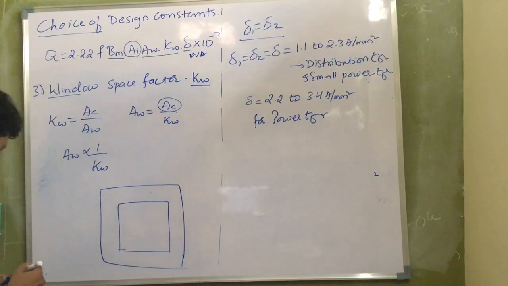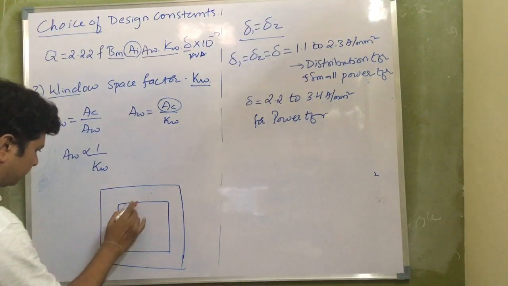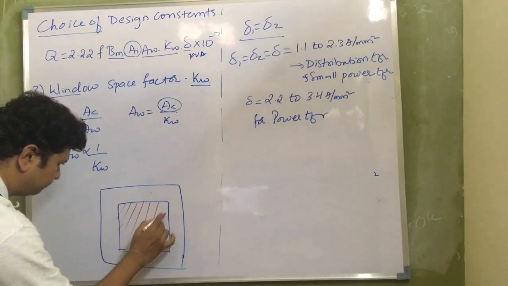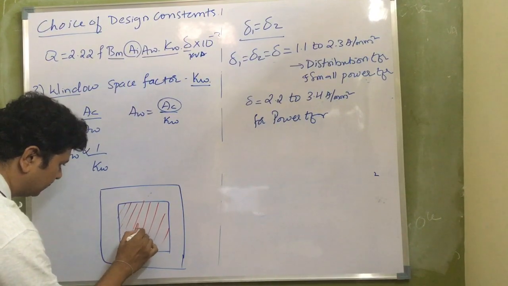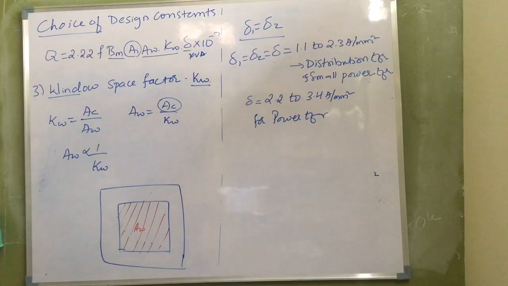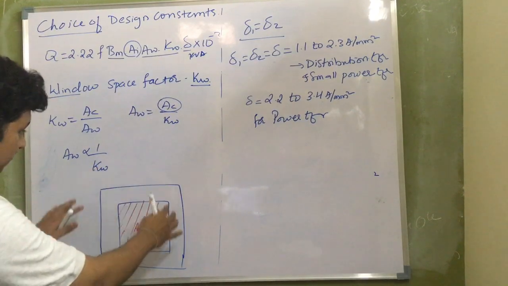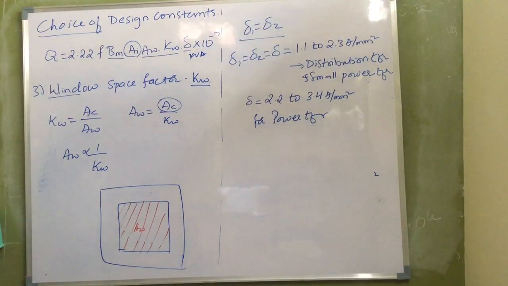Now this is what? Area of window. This is my window. Let us not consider the circumcircle. Now, if area of window decreases, then total size of the transformer decreases.